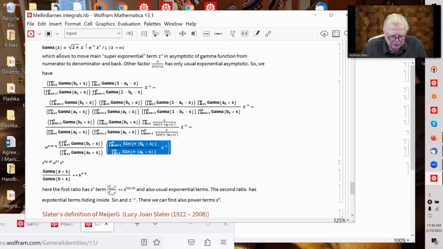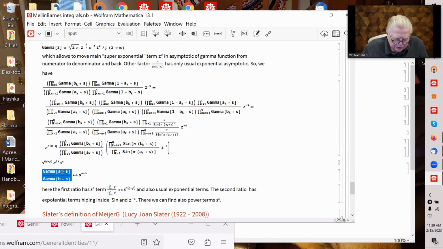Here we have super exponential moment also. And how many? Q minus P. You see, Q minus P. Here, exponential. And also here, everywhere, hidden power. Because if we have, for example, this ratio, asymptotically, it is power in asymptotic, if S goes to infinity.